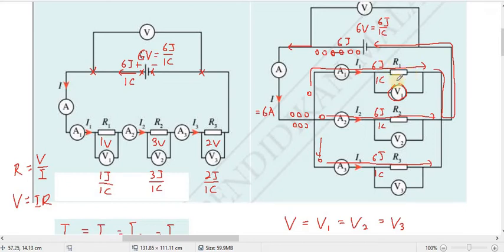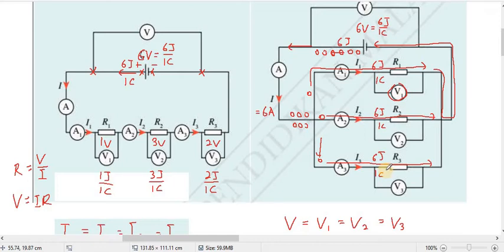In 1 second, here is 6. So if in 1 second the number of charge that passes through here, here, and here must be the same, how many charge pass through each? 2, 2, 2, right or not?